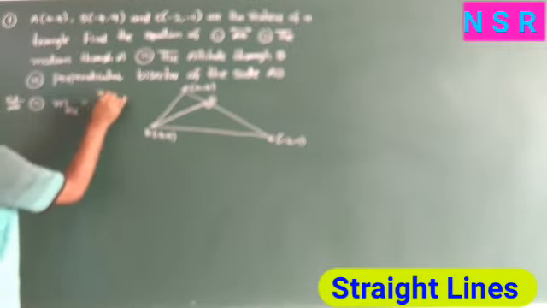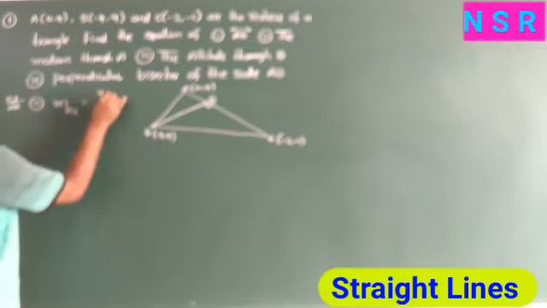So what is the slope of 2 points? y2 minus y1 by x2 minus x1. Now slope of AC. So this is x1 y1 and this is x2 y2. So y2 minus y1 by x2 minus x1. So slope of AC is equal to minus 5 by minus 12.